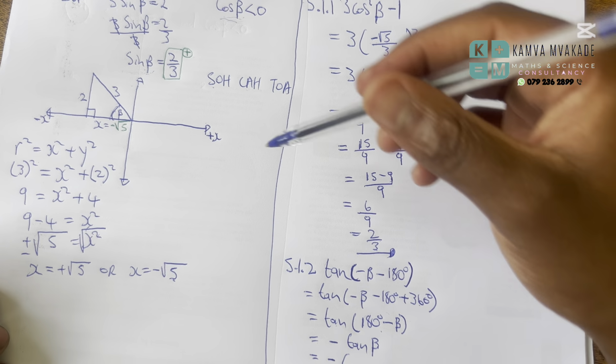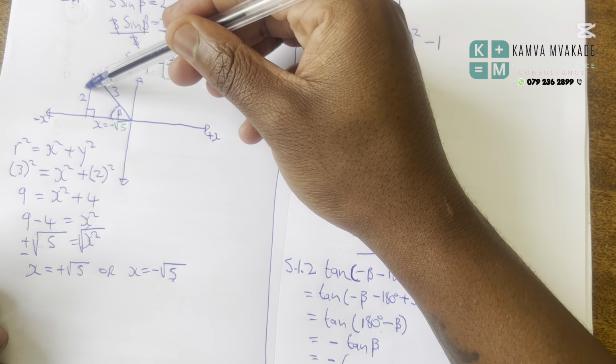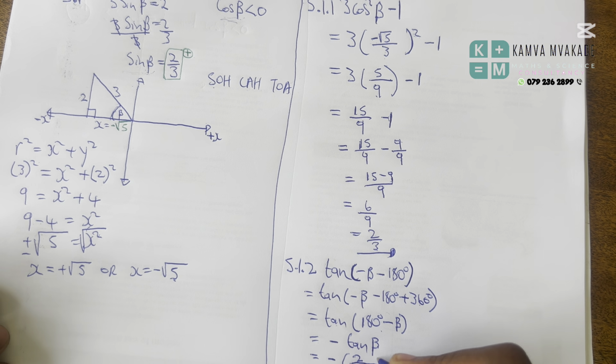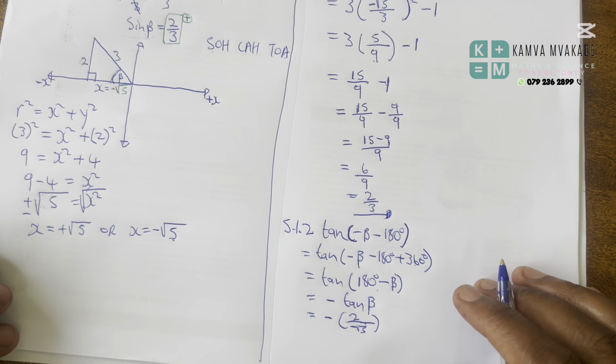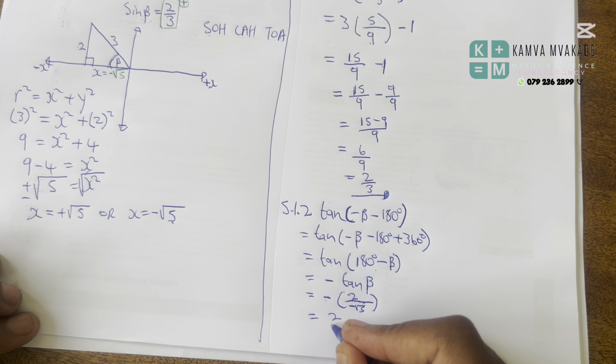We go to our diagram, TOA, opposite over adjacent. This is going to be 2 over negative root 5. And negative is going to give us positive 2 over root 5.